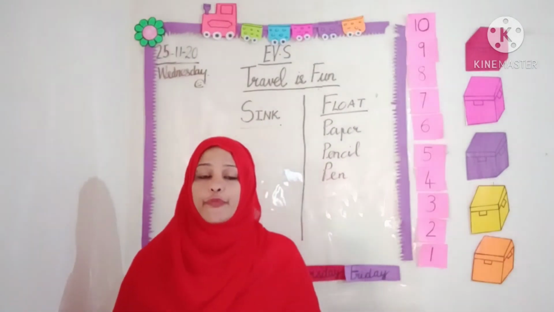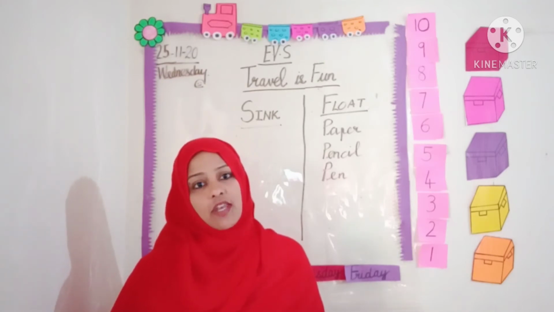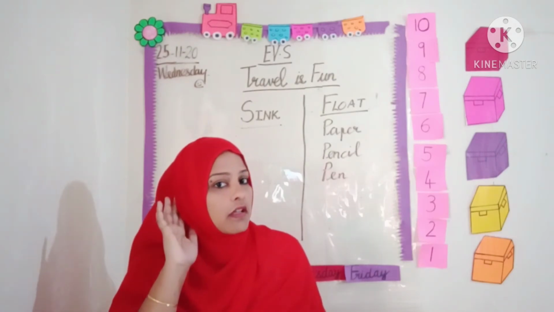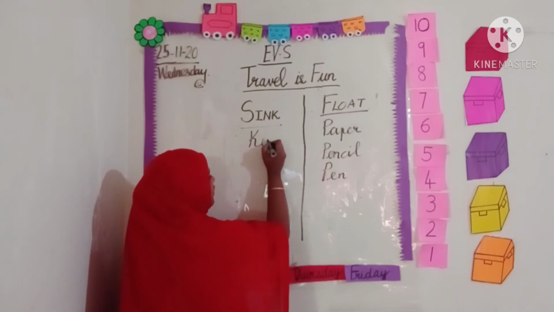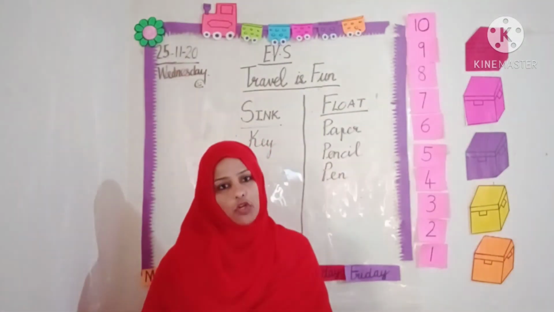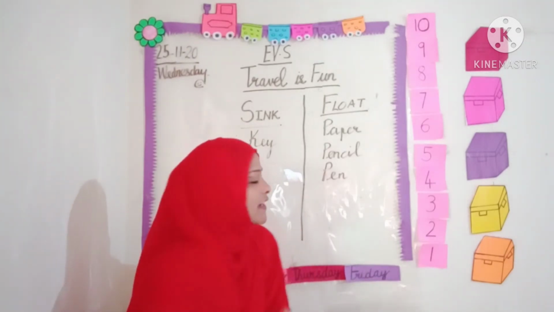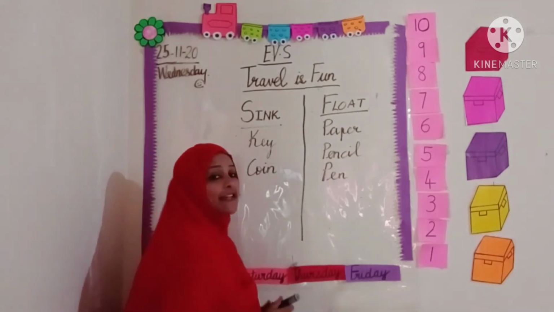Can you tell me 3 things which you saw in the activity which showed that it sinks in water? Let's think. That's right. Key. When we put the key in water, it goes down to the bottom. What else? That's right. Coin. What else?